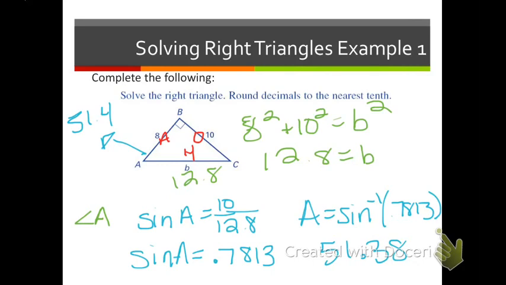Do I have to repeat that process for C? No, I can actually just subtract that from 90. So 90 minus 51.4, and we get 38.6 degrees over here. So side B was 12.8, angle A 51.4, angle C 38.6.